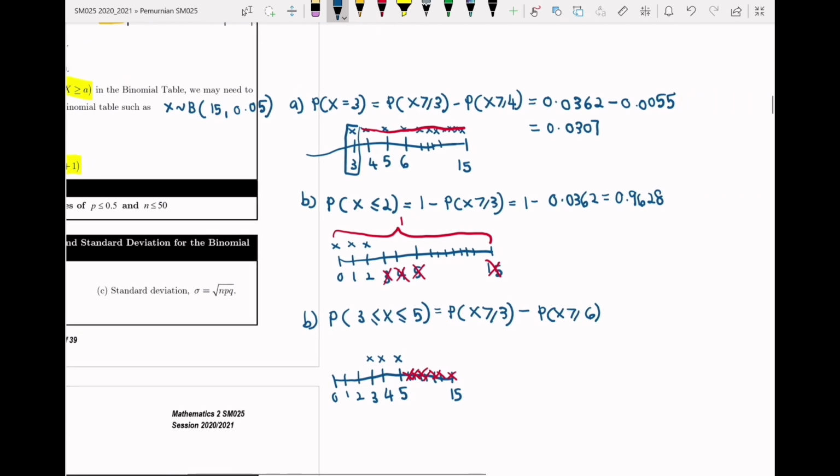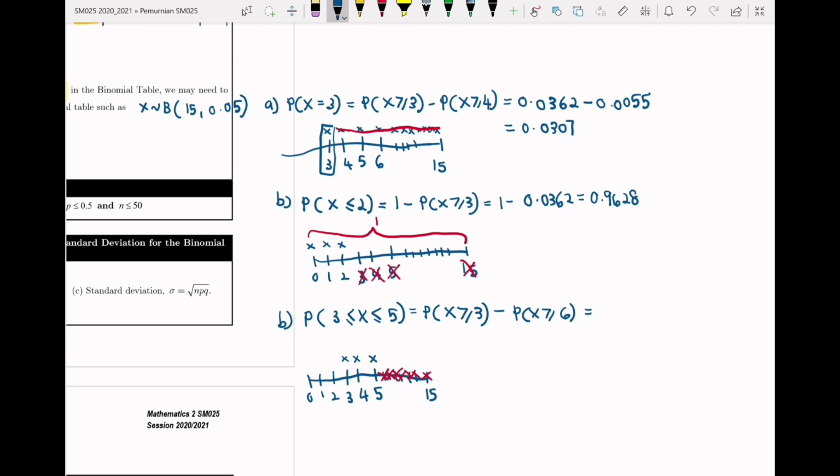So P(X ≥ 3) minus P(X ≥ 6). From the table, we get P(X ≥ 3) equals 0.0362 minus, from the table, P(X ≥ 6) equals 0.0001. So the probability X between 3 and 5, both inclusive, equals 0.0361.